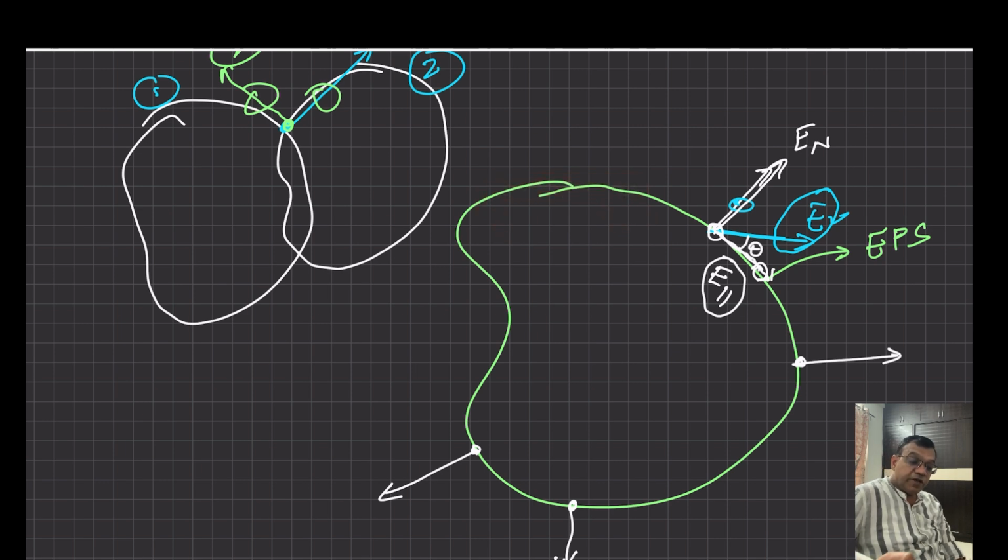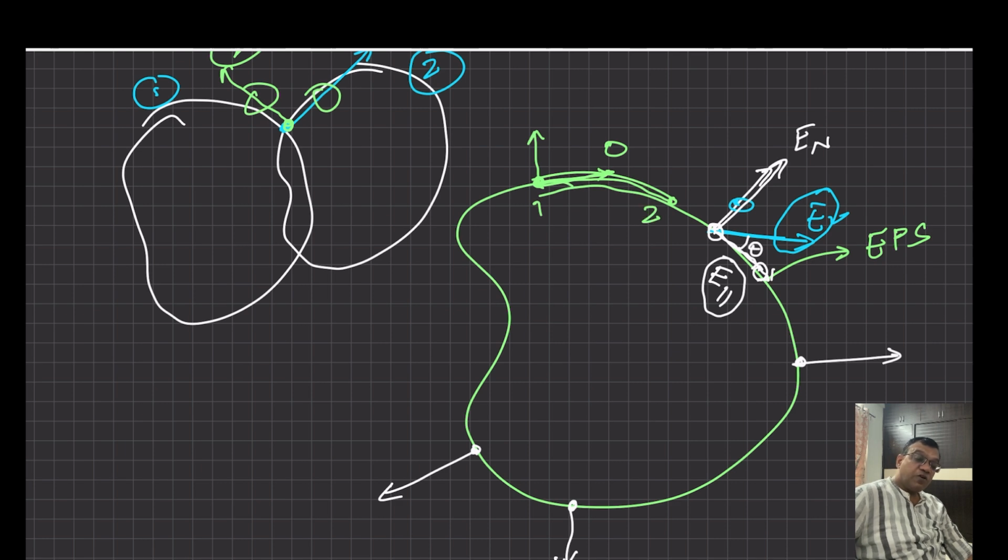Here we'll see it this way: the electric field is along the normal, so the component of the electric field along the surface is 0. So if the charged particle is moves along the surface, the electric force itself is 0. So what will be the work done by the electric force in moving the charged particle from 1 to 2?